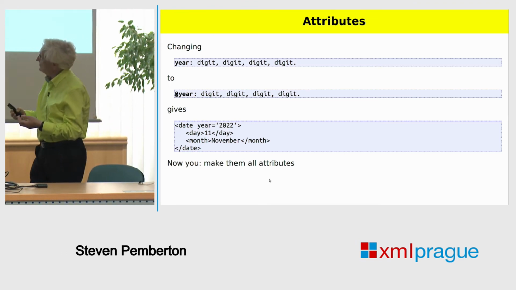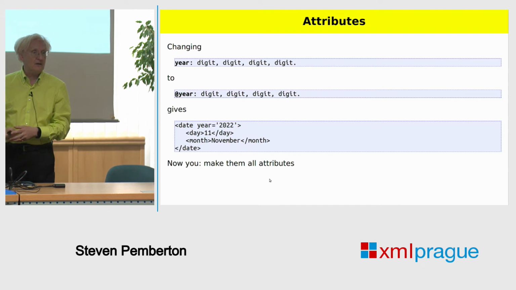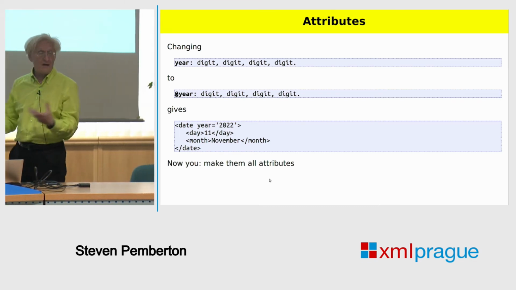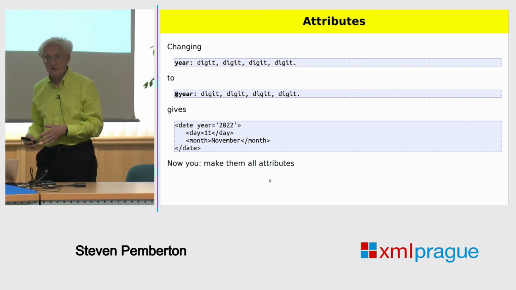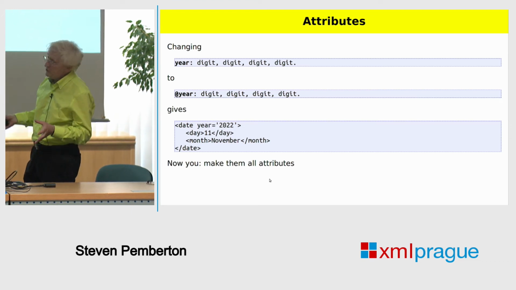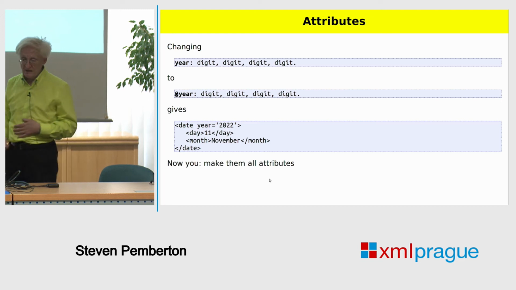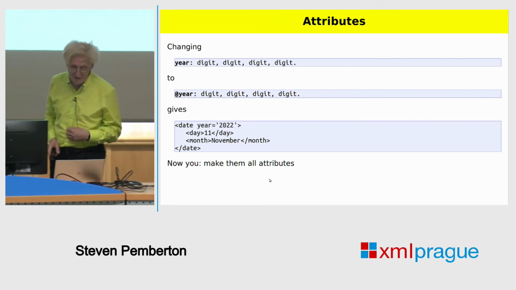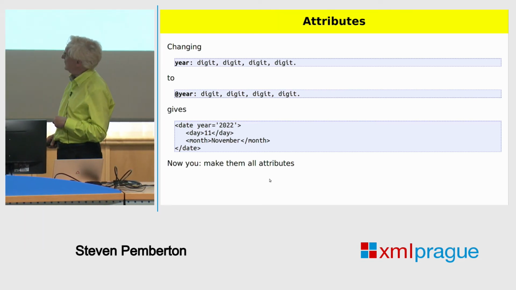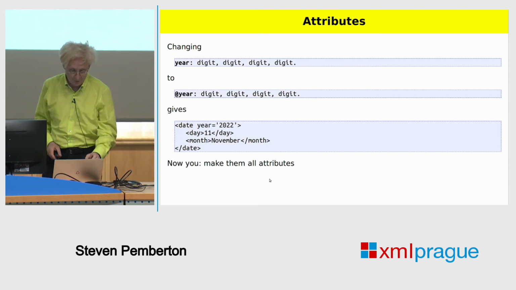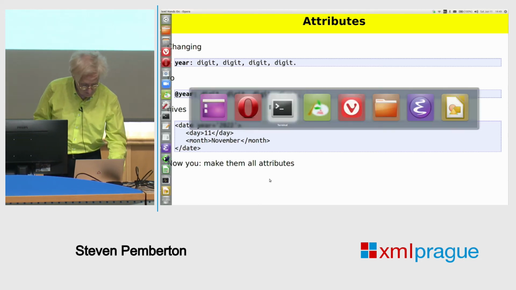The word digit doesn't show up. You only get the element content of whatever year expands to. So basically, all the elements are taken away; you only get the content put into the attribute. So anyway, that's your next task: to make them all attributes. So the year, the day, and the month, all of them attributes.